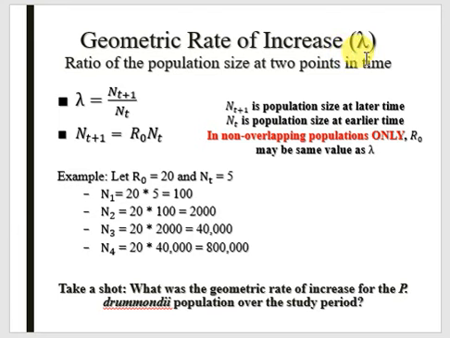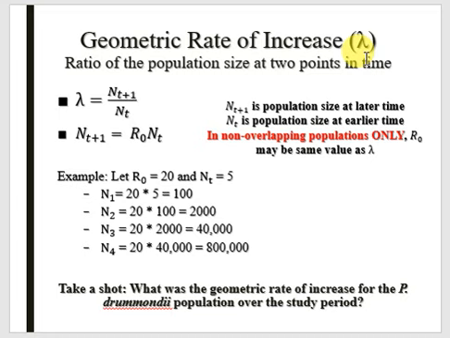You can only use this for non-overlapping populations because they will grow at a geometric rate of increase, meaning their RO value will be the same for every generation, right? So for N1, you will have an RO value of 10. That will be the same for every consecutive generation following.